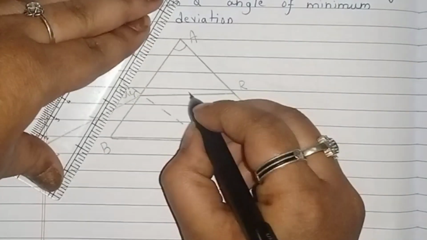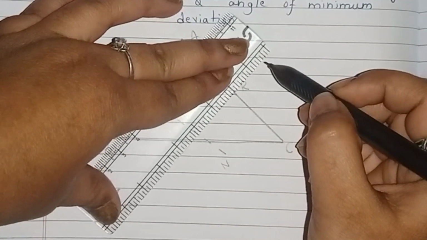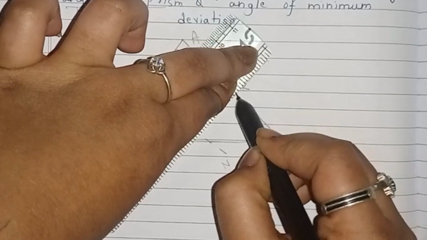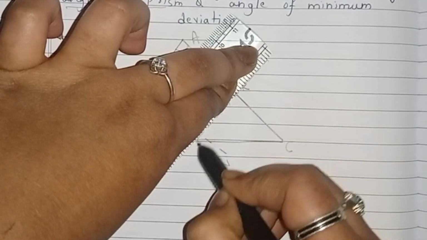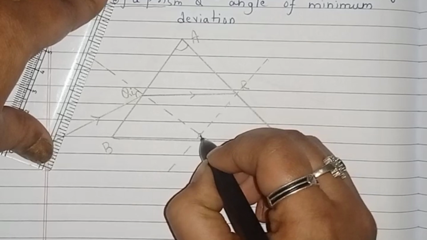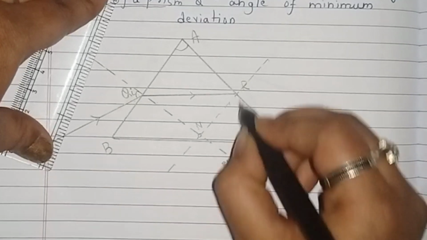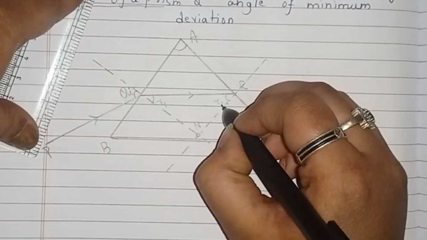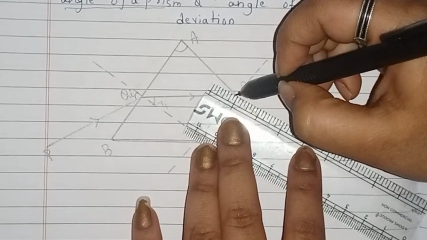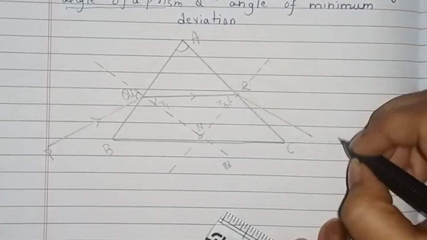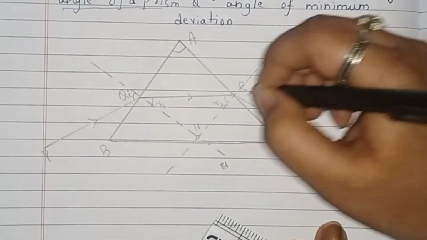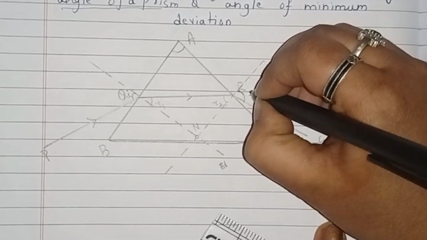Here also we have to draw a normal which is exactly perpendicular to this AC. So we are drawing a normal here and these two intersect at a point. Let's call it N, and this is the first refraction. This is R2. Then there's an emergent ray which is RS. Then the angle of emergence is E.